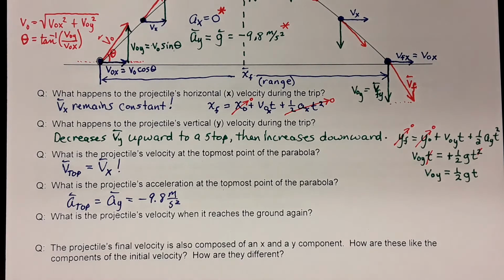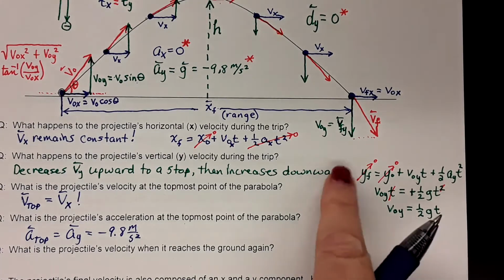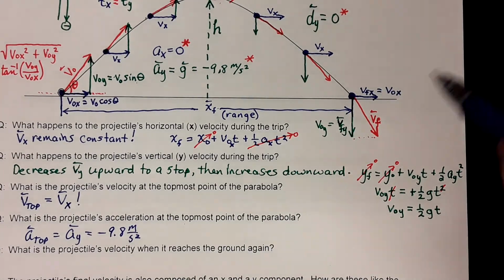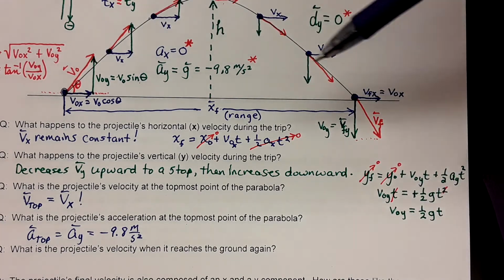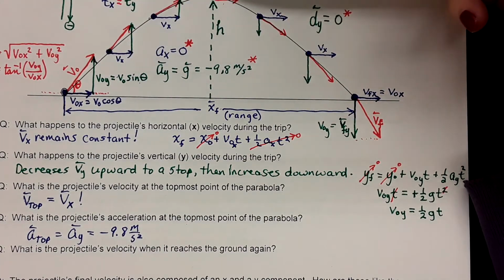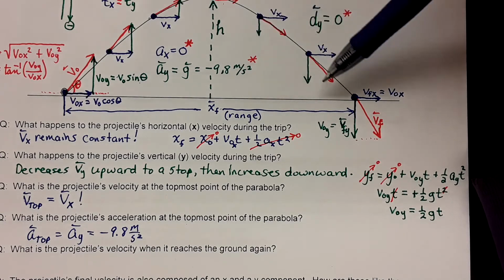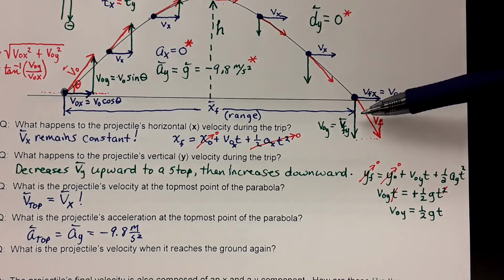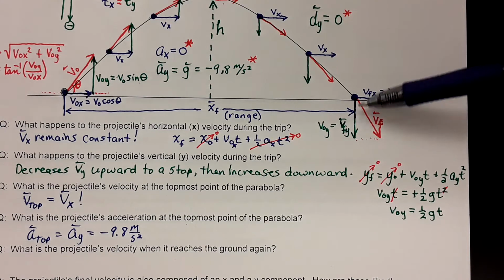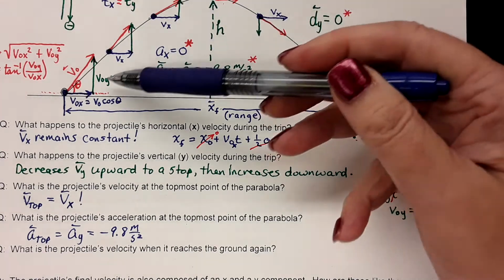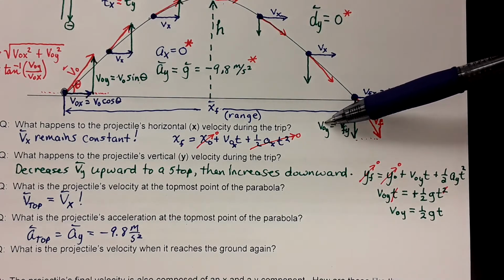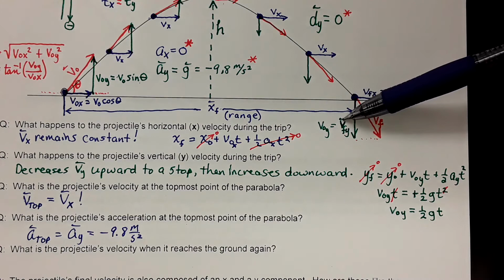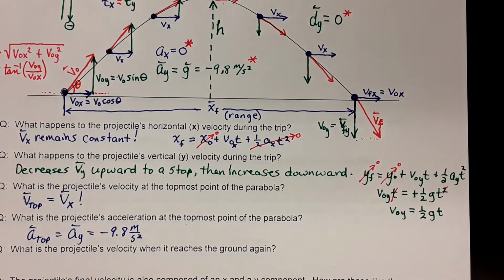All right, now, let's talk about this bit over here for a minute. We said that the horizontal piece stays constant, and the vertical piece decreases by increments of 9.8 and then increases by increments of 9.8, so that when it gets to the ground again, and you've added back those same increments that you originally took away, then the final y component has the same magnitude as the initial y component. So what does that mean for the final velocity? Well, two things.